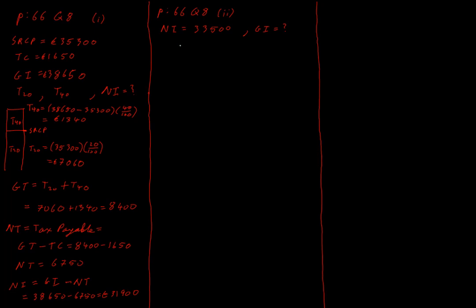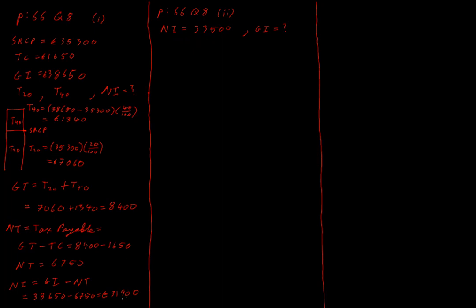And that's going to require us to think through our equations a little bit more carefully because we have to work backwards. So in question 8, part 2, we're told that Orla has gotten a raise, and her new net income is 33,500.